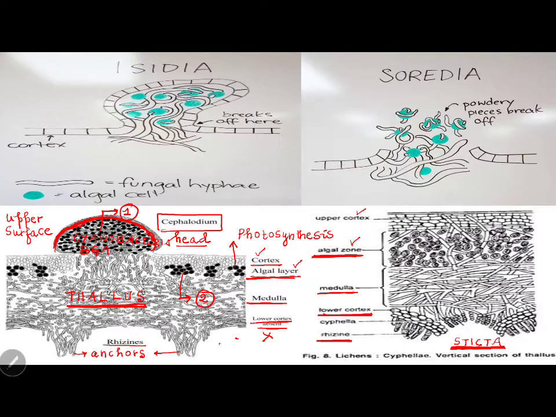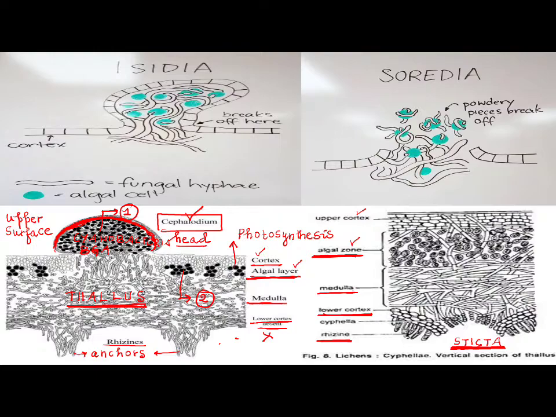Algal cells. But if there is cephalodium, which is not a character of every lichen, I see it as a small swelling upon the cortex where we have cyanobacteria also in symbiosis with the fungal part. That means if a lichen has both algal cells and cyanobacteria in symbiosis, they keep cyanobacteria in cephalodia as a separate compartment.